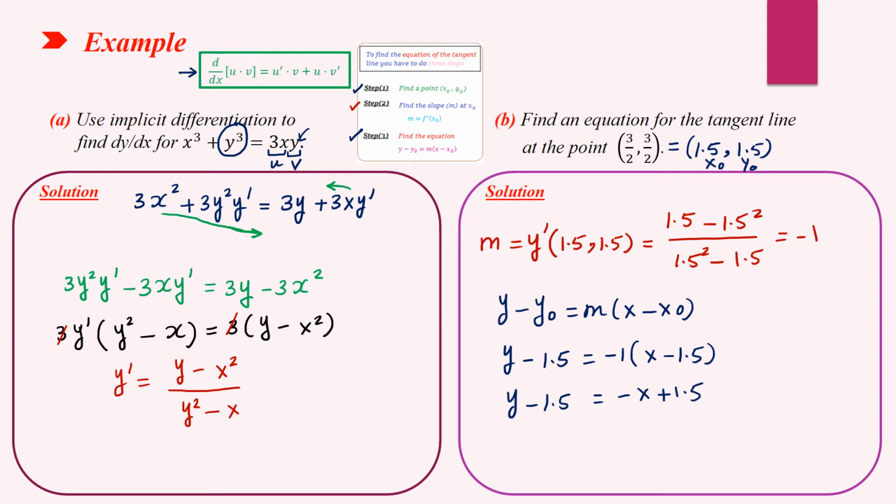By adding 1.5 to both sides, you will get the final answer of the equation of the tangent line: y equals negative x plus 3.